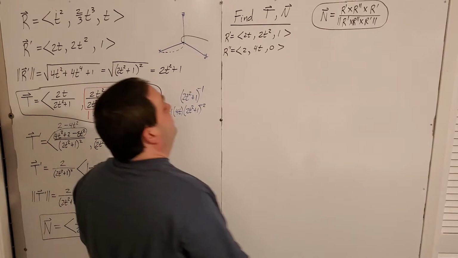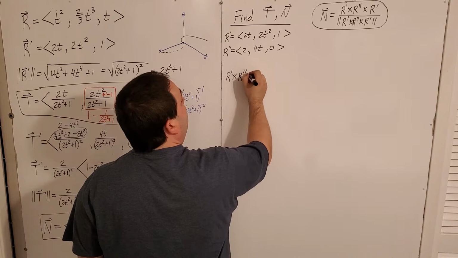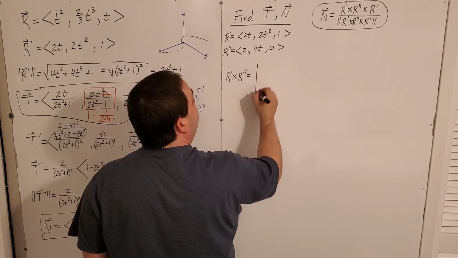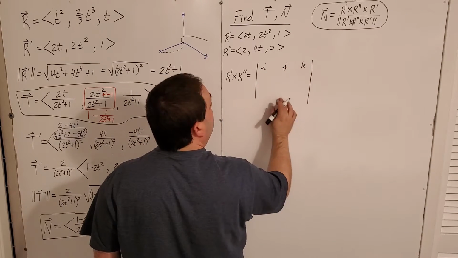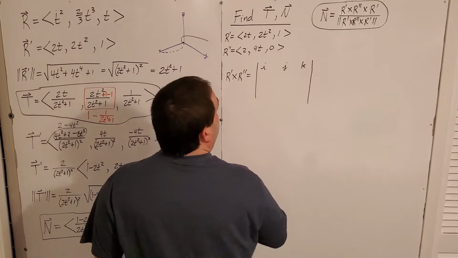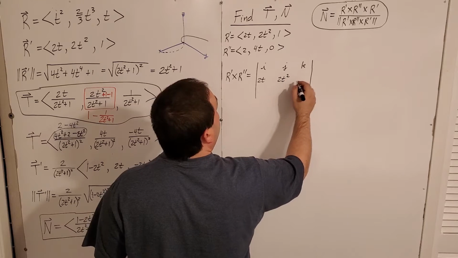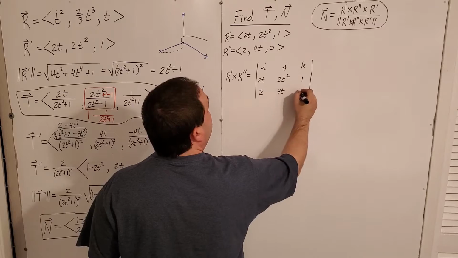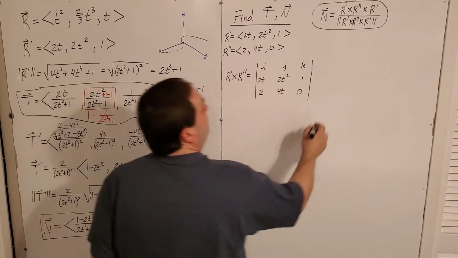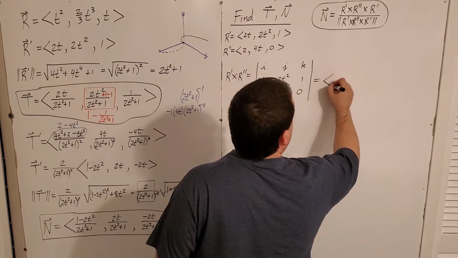Okay, let's cross them. R prime cross r double prime is going to give me i, j, and k here. I've got 2t, 2t squared, 1, and 2, 4t, and 0. Okay? So then what is that going to be equal to as a vector?